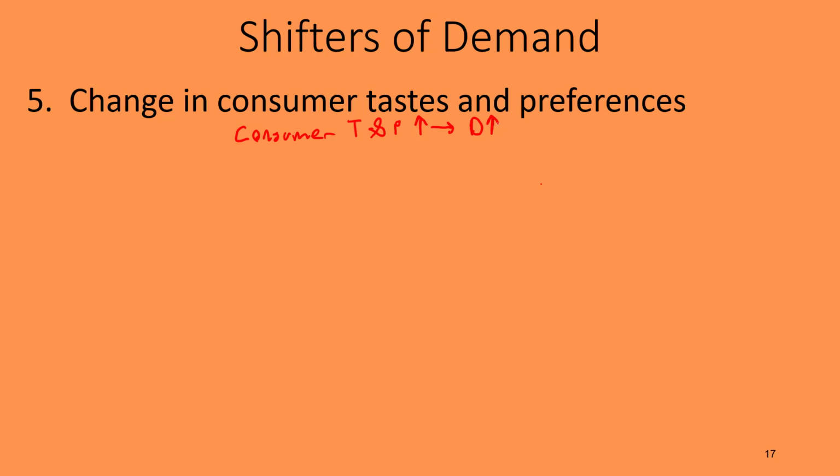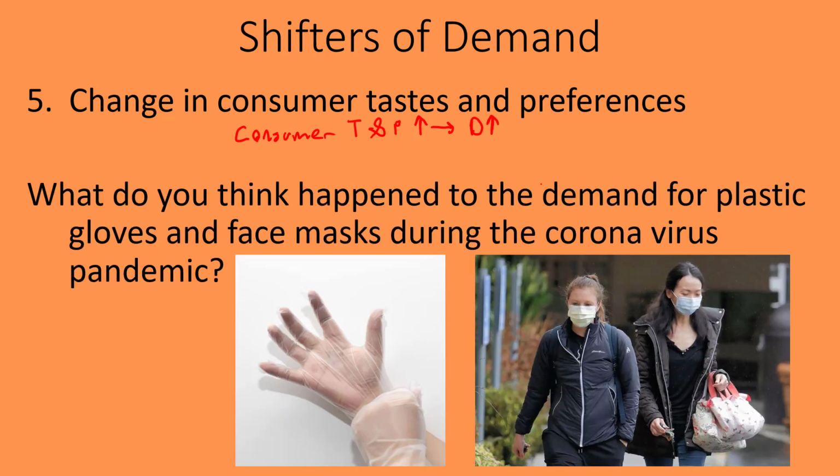I can't think of a more relevant example than what's going on in today's social distancing world, where we're still dealing with this coronavirus pandemic. So what do you think happened to the demand for plastic gloves and face masks during the coronavirus pandemic? Well, as you can imagine, those things have become far more popular to obtain and use now than they were before this outbreak.